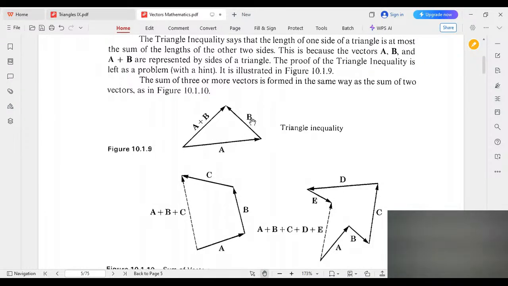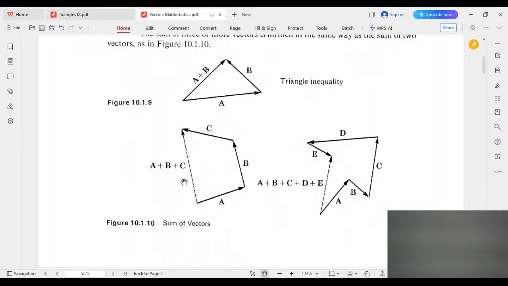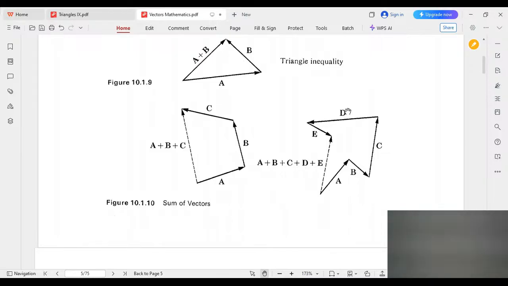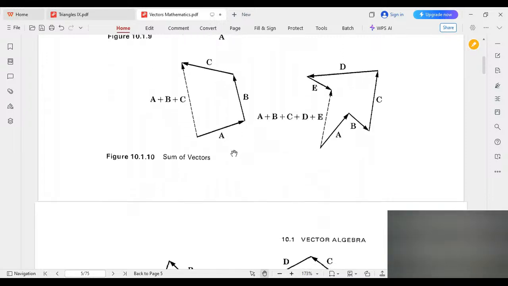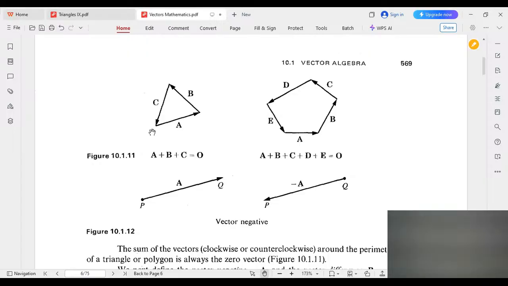A plus B equals the vector AC. Then AB plus BC equals AC. AB plus BC plus CD plus DE equals the vector from A to E. A plus B plus C equals 0. A plus B plus C plus D plus E equals 0.